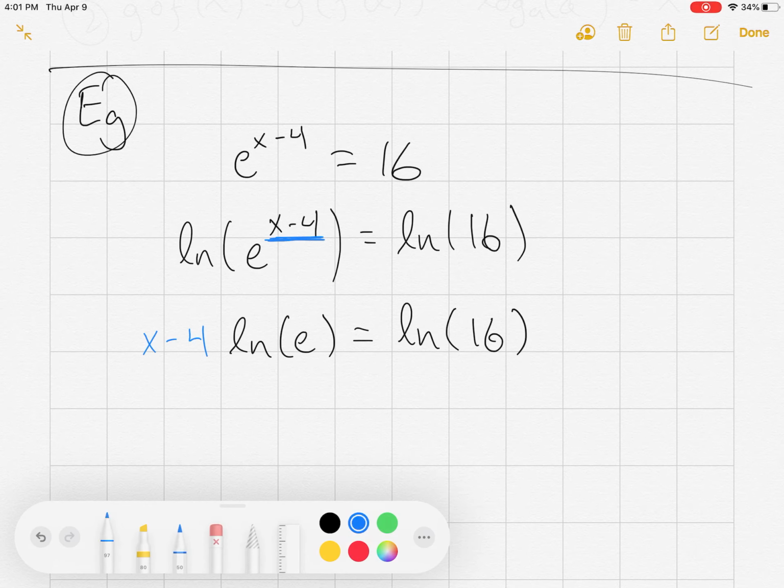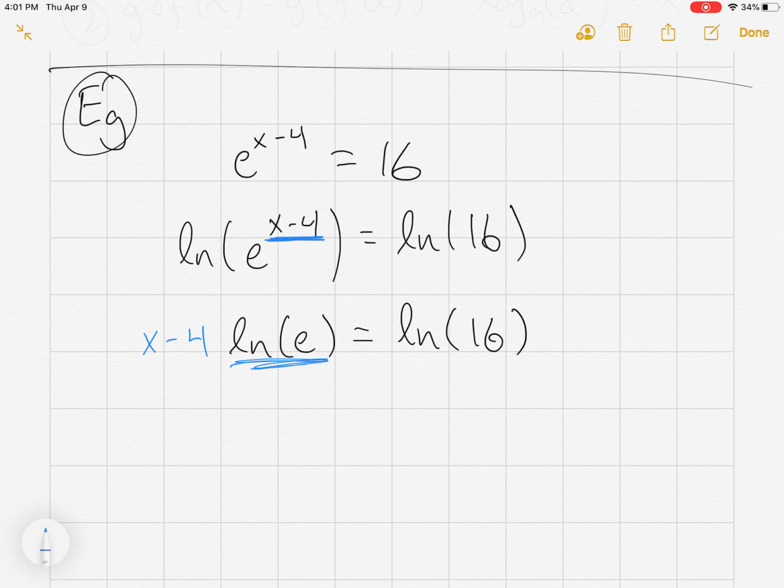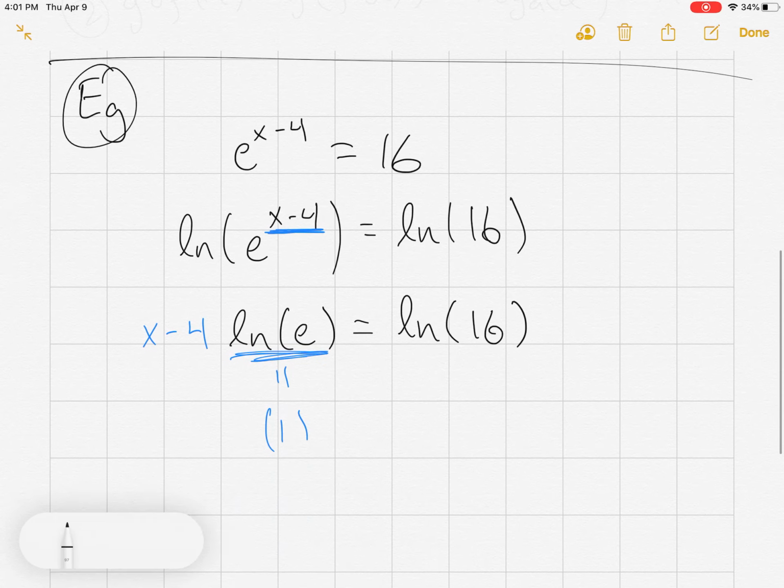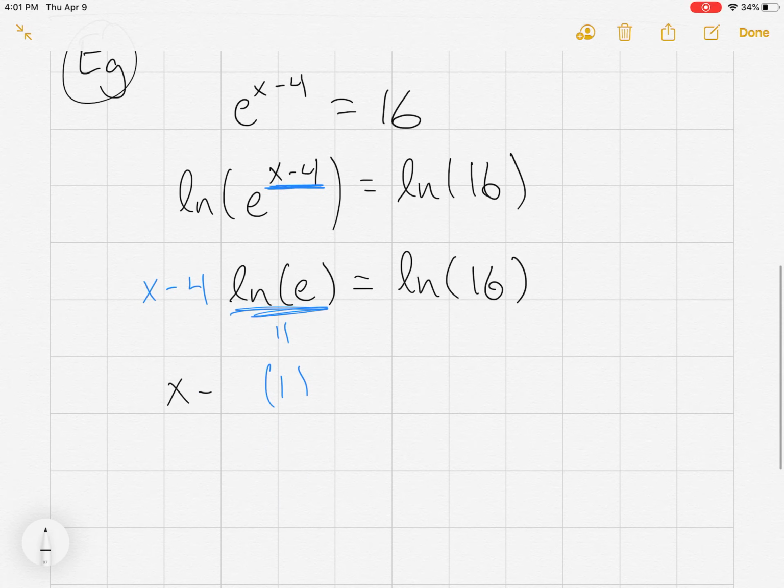But the natural log of e, that's just equal to 1. So what we're going to end up with here is x minus 4 is equal to the natural log of 16.